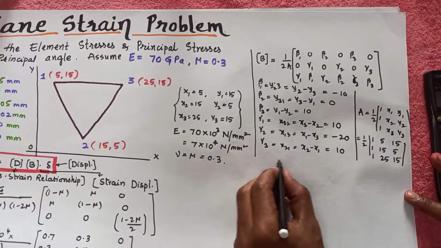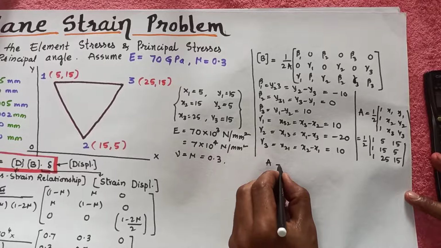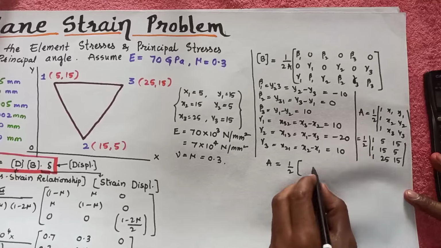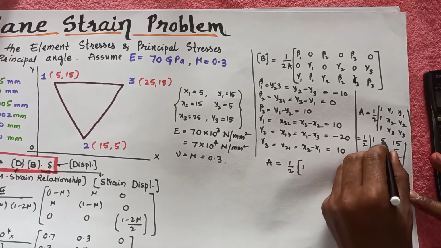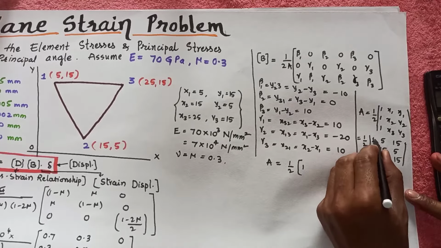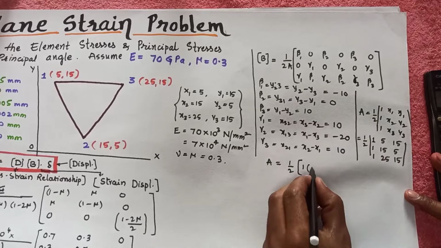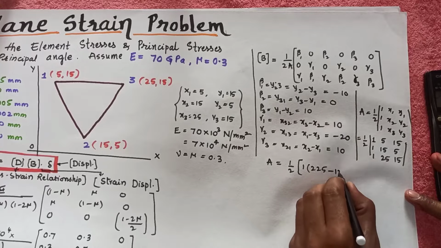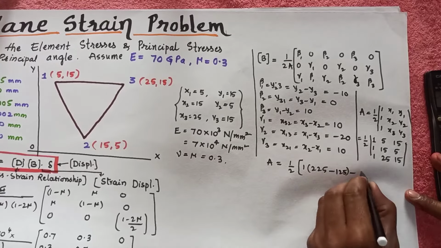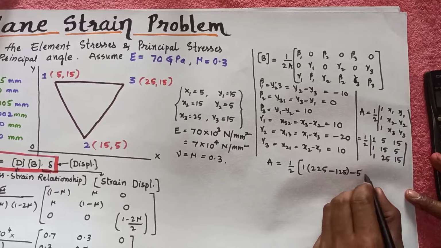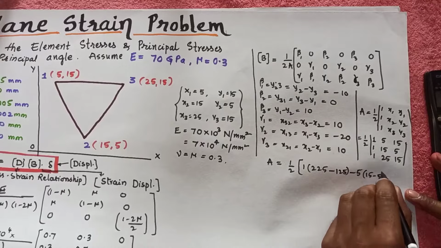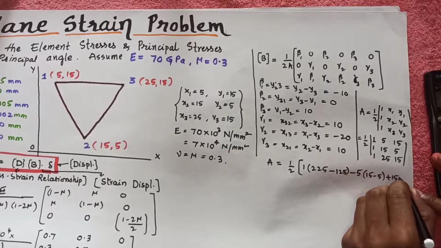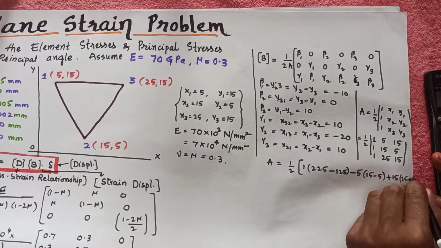So A is equal to 1 by 2 times the determinant. Taking the first row, 5 into 15 is 225 minus 25 into 5, which is 125, then minus 5 times the second row, 15 minus 5, then plus 15 times 25 minus 15, and close the bracket.